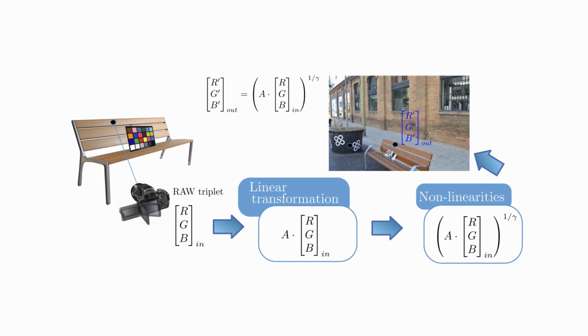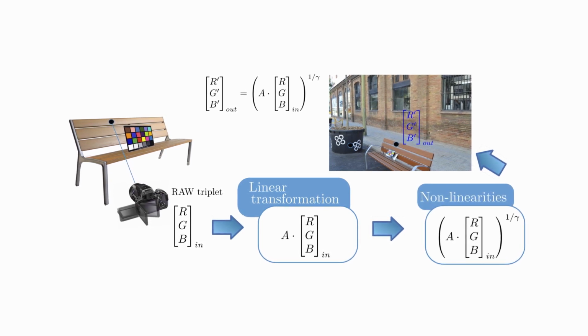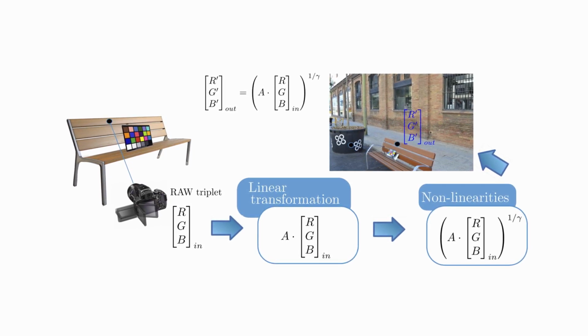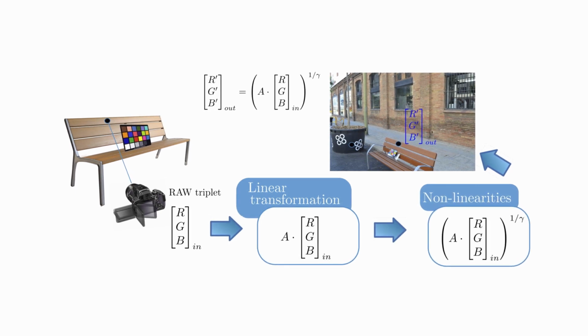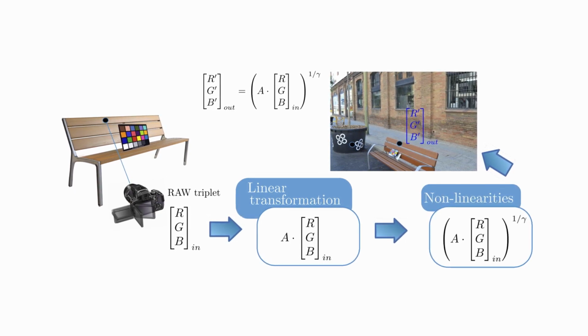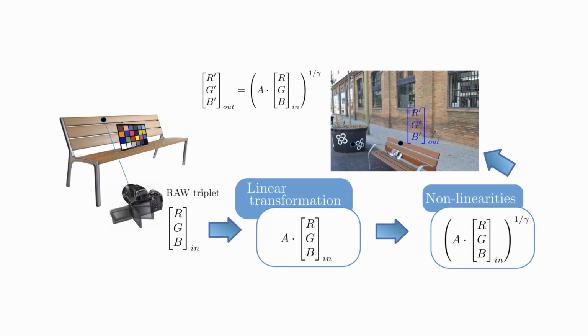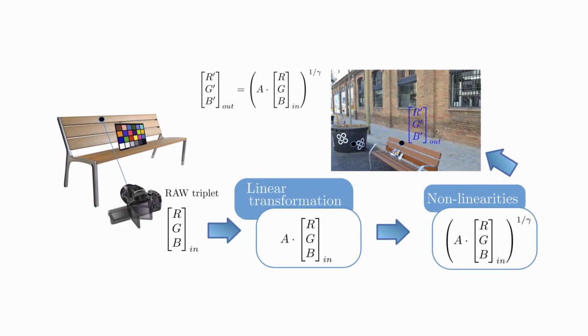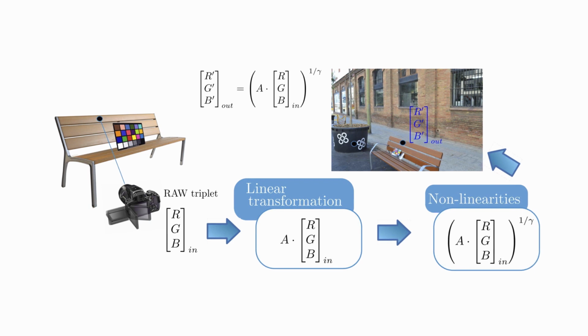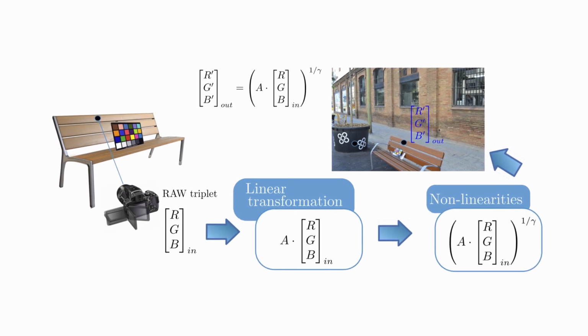The camera processing pipeline can be summarized in the following way. First, the sensor is stimulated by scene light to produce a raw RGB triplet, red, green, and blue triplet. Then, a 3x3 linear color transformation, which we call A here, and a nonlinear transform gamma are applied.